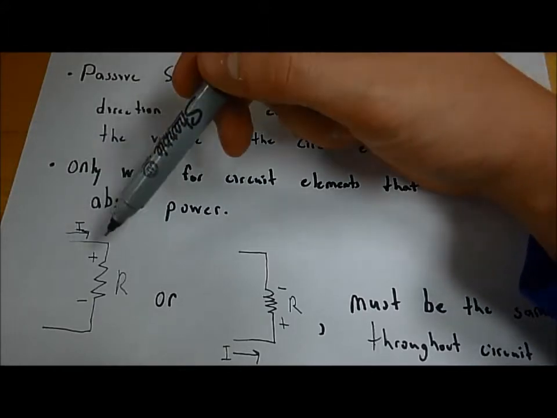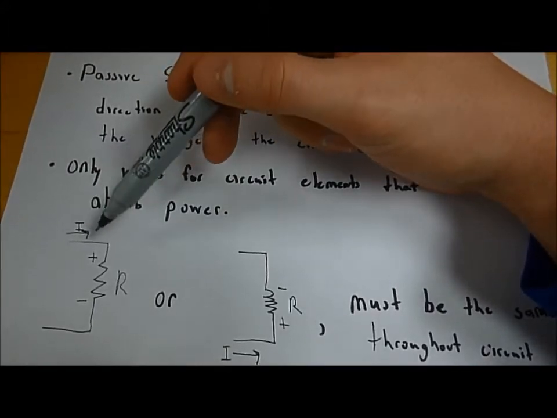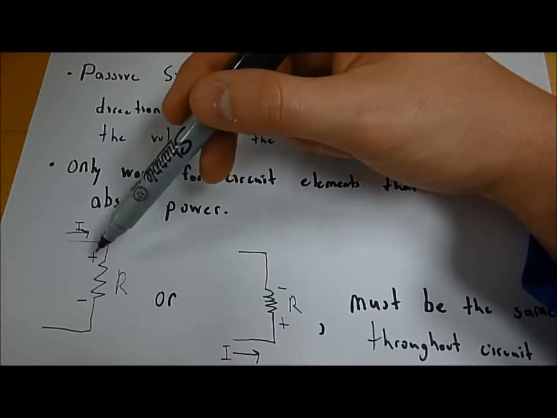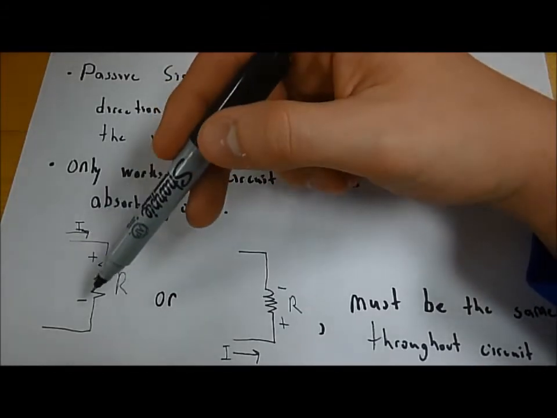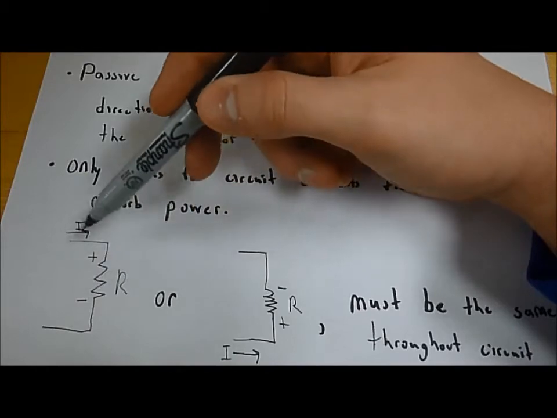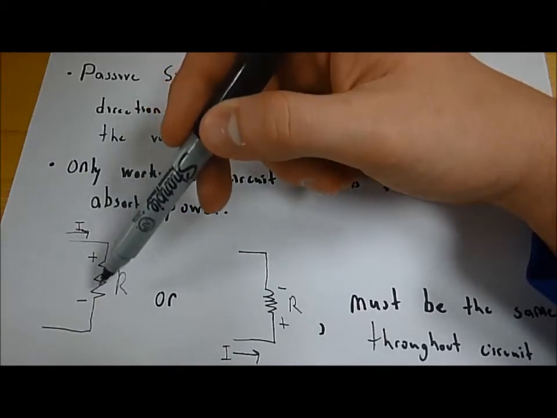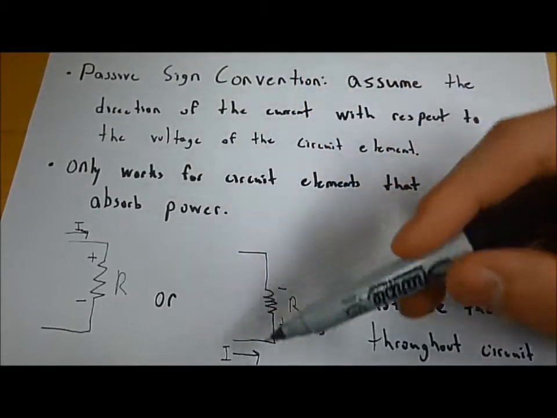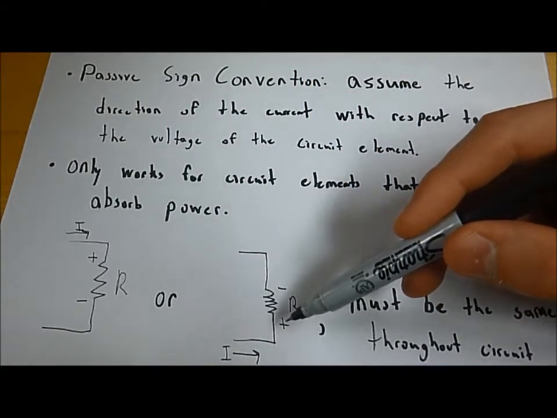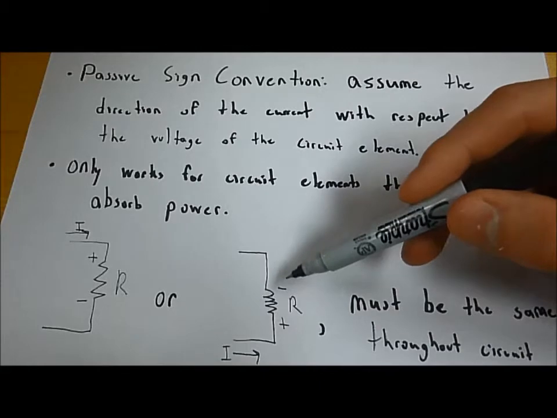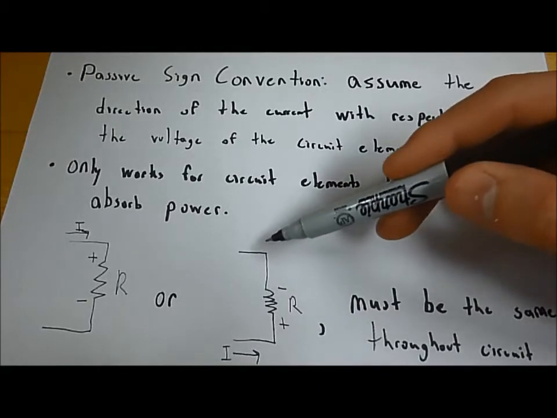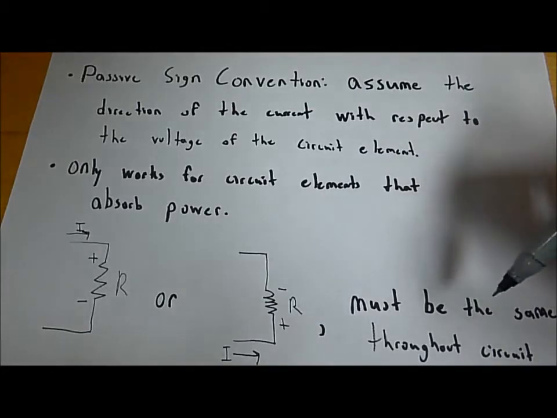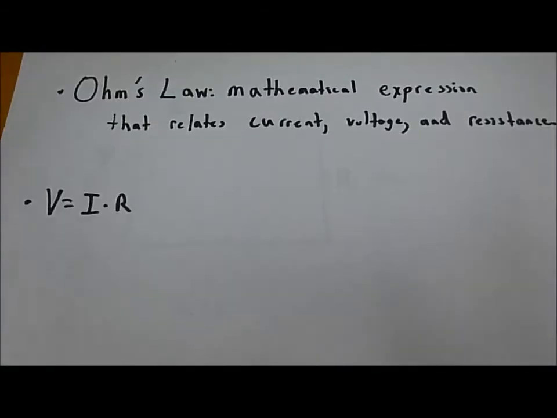One way we can do this is by assuming that the current is entering through the top portion of the circuit element, the positive terminal, and defining the bottom portion as the negative terminal, so it will flow from the top through the bottom. Or we can assume that the current will enter the positive terminal at the bottom of the element and exit through the top negative terminal. The only thing that matters is that we keep this consistent throughout the entire circuit.